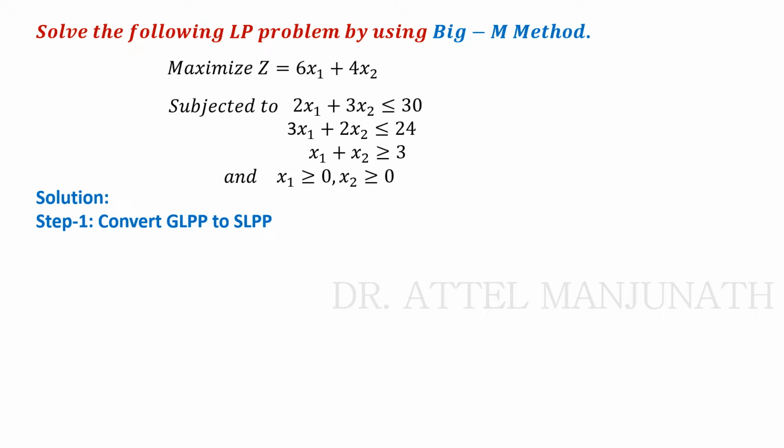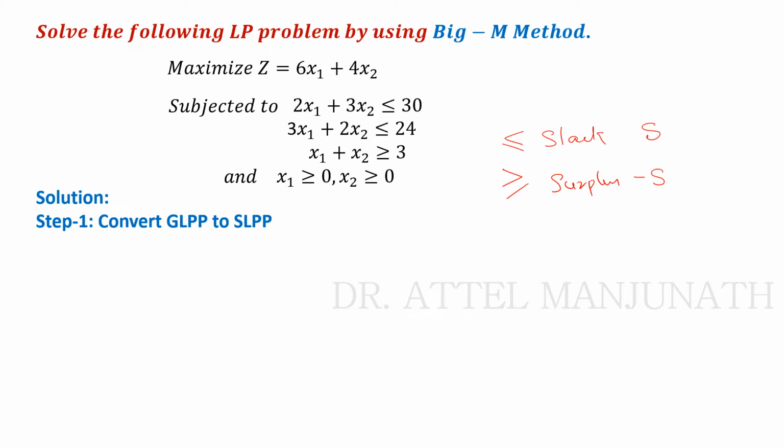When we solve by the Big M method, there are three kinds of constraints you will get. If the constraint is less than or equal to, you add slack variables. If the constraint is greater than or equal to, you add surplus variables. Here you take plus s, and here you take minus s.